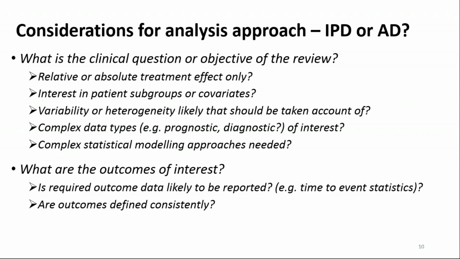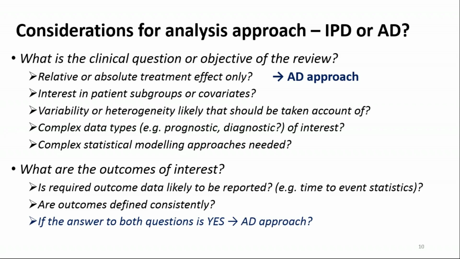So considering these different questions, generally, if the objective of the review is only around calculating treatment effect, and the review is measuring a consistently defined outcome, and outcome data is likely to be reported in the published literature, then an aggregate data approach could be a feasible approach for this type of review.